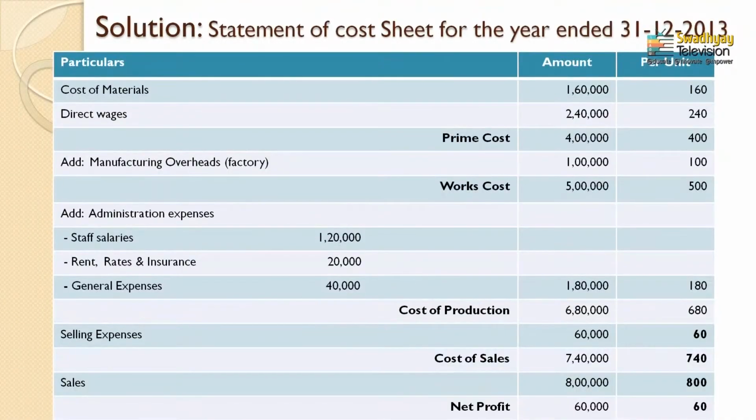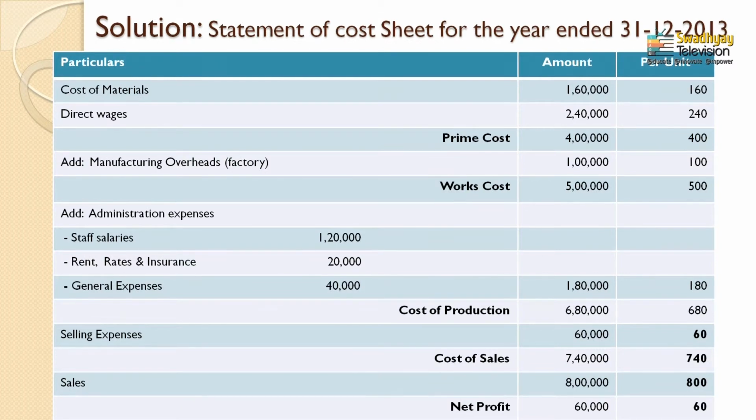We start with the first item, the cost of material, recorded in the amount column, that is 1,60,000 rupees. How can you identify that per unit is 160 rupees? The total number of units manufactured in this year is 1000. So, 1,60,000 rupees divided by 1000 units comes to 160 per unit. That is how much cost is incurred for the material per unit: 160 rupees.